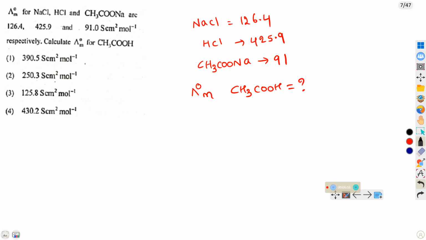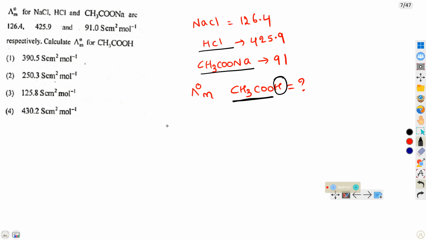Limiting molar conductivity values for NaCl, HCl, CH3COONa are given. Calculate lambda naught m for CH3COOH. CH3COOH contains CH3COO minus ions as well as H plus ions. So add these two values.